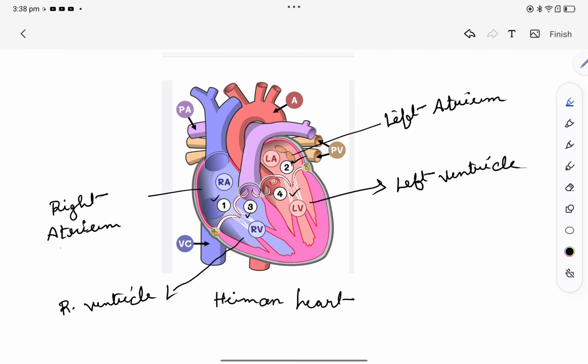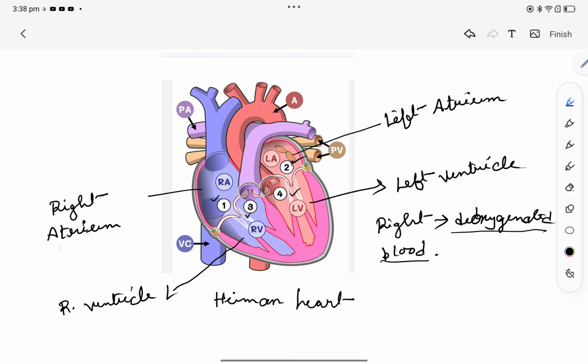Fine. Now the function of the right portion and the left portion is very different. So the right part deals with deoxygenated blood. It means blood that is rich in carbon dioxide and low in oxygen.